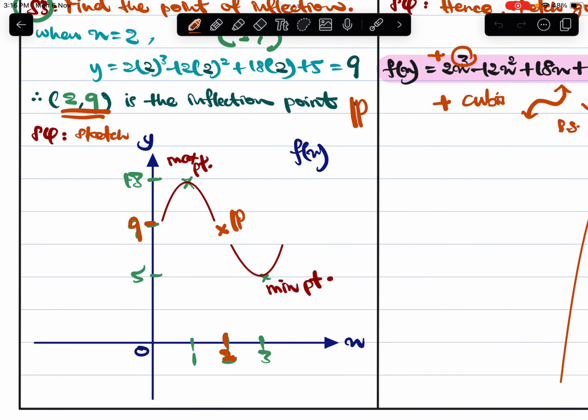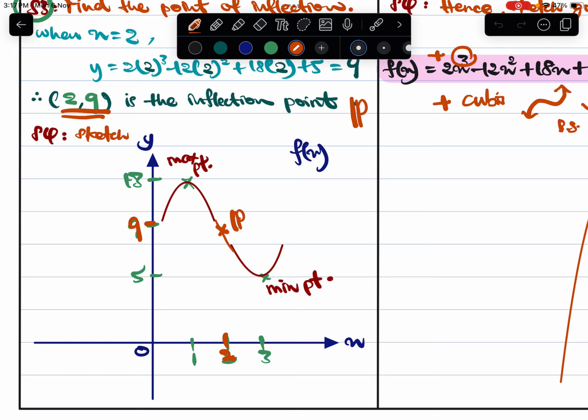After you know that this is your inflection point, and you already know that your maximum point and minimum point are on either side of it, you just join them together. Just join the line. Maybe I should use green color.